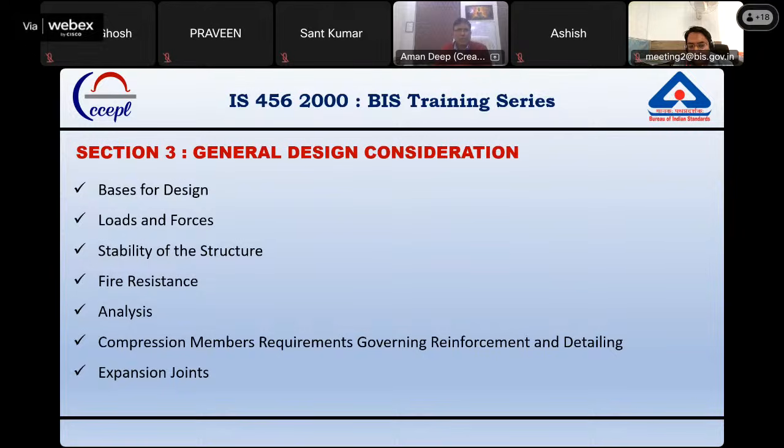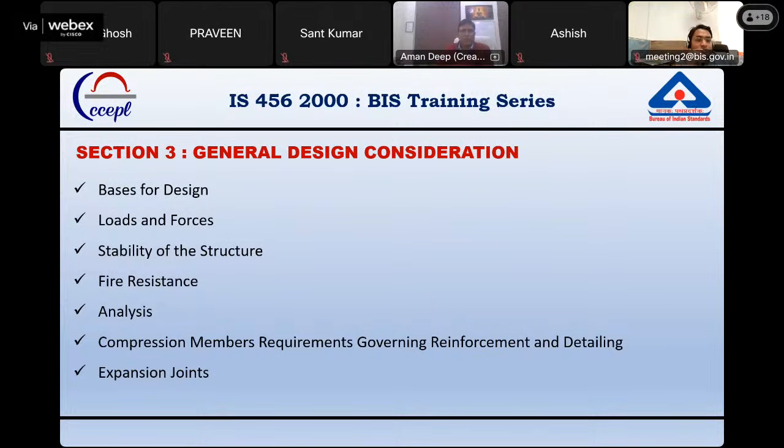Coming to Section 3, general design considerations. When we do structural designs, we have a lot of things to do. All the students learn a lot of things during their 4th, 5th or 6th semesters. In structural design, we should first confirm the basis of design: what assumptions we are considering, what loads and forces we have to consider.